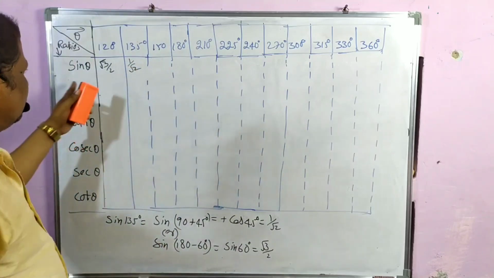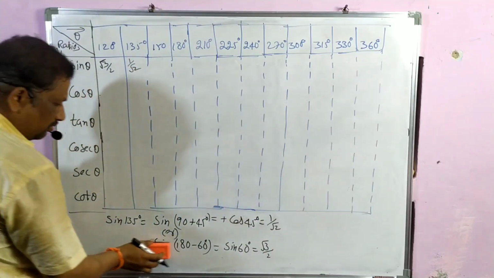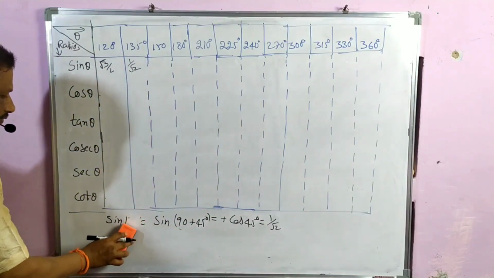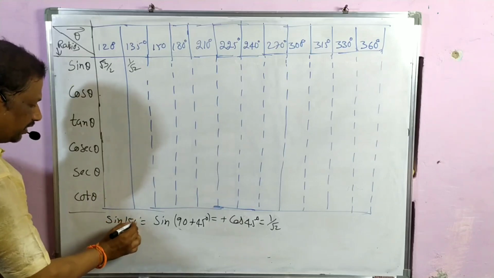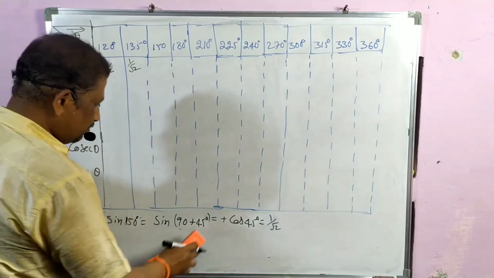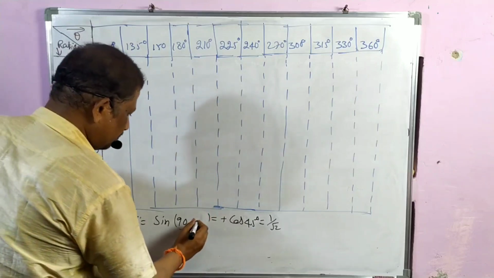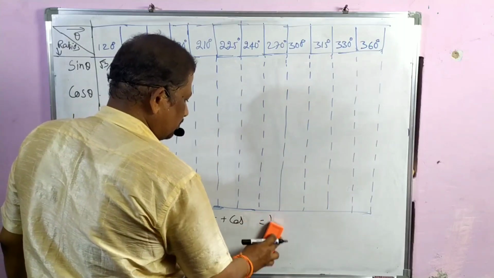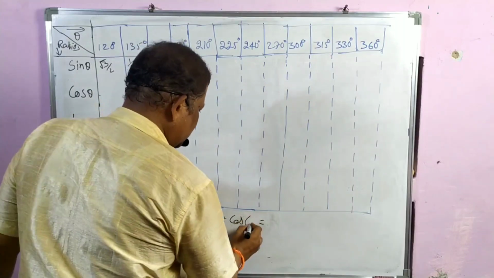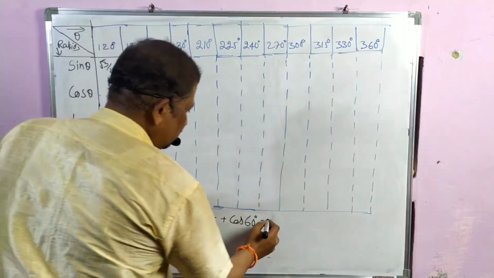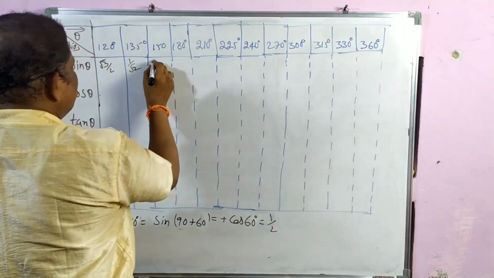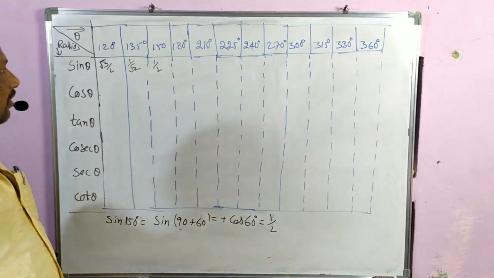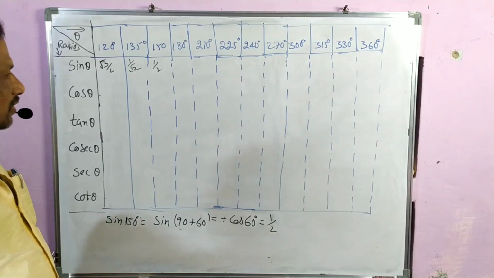Next step, sine 150 degrees. We get 90 plus 60, so cos 60. What is cos 60? 1 by 2. Then 180 degrees: 90 plus 90, cos 90. What is cos 90? 0.